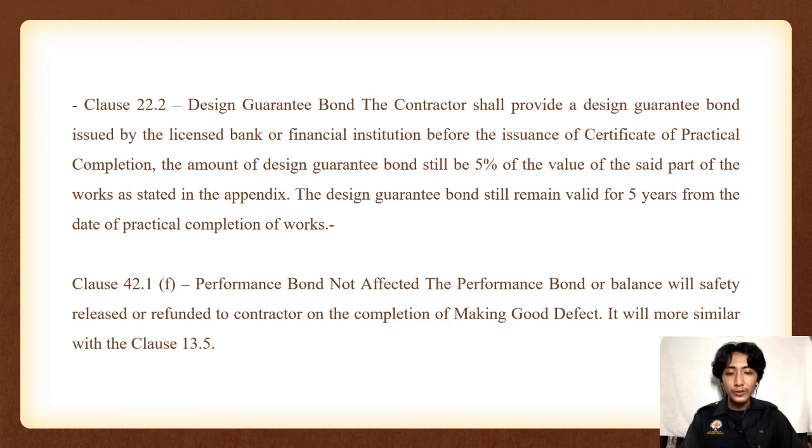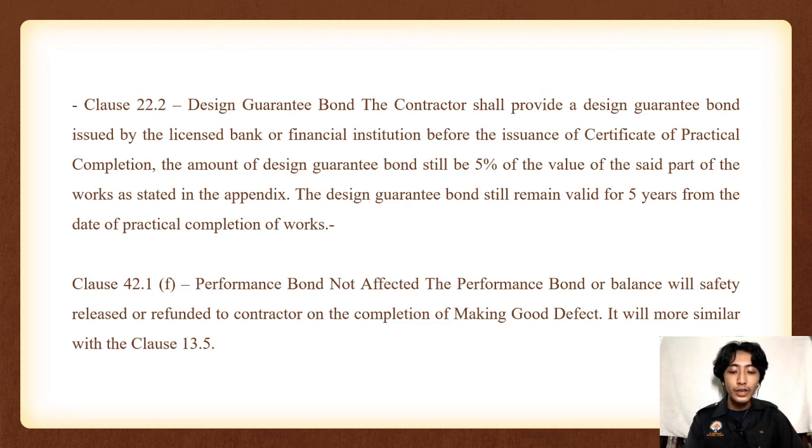In clause 22.2, Design Guarantee Bond, the contractor shall provide a design guarantee bond issued by a licensed bank or a financial institution before the issuance of the certificate of practical completion. The amount of the design guarantee bond shall be 5% of the value of the said part of the works as stated in the appendix. The design guarantee bond shall remain valid for 5 years from the date of practical completion of the works.